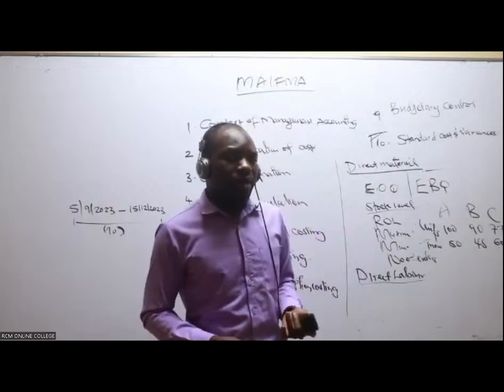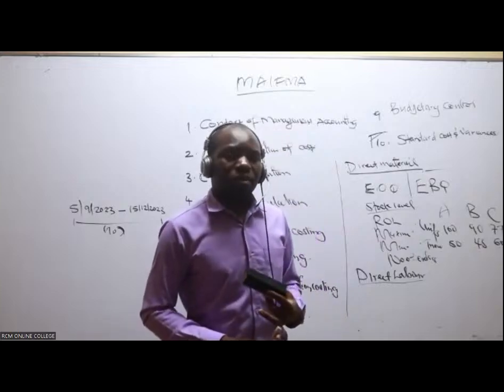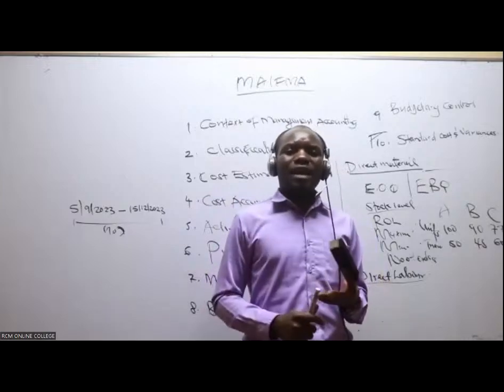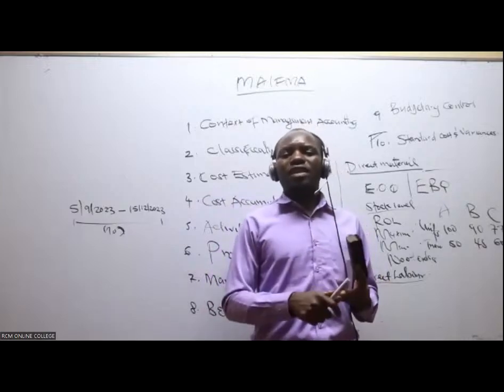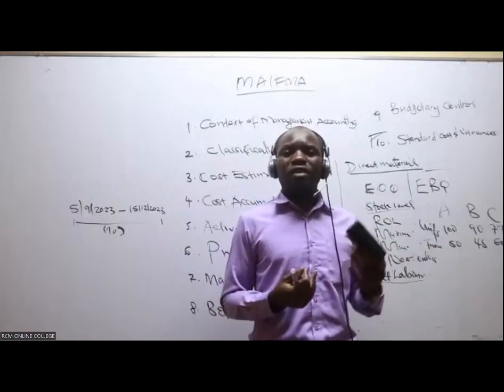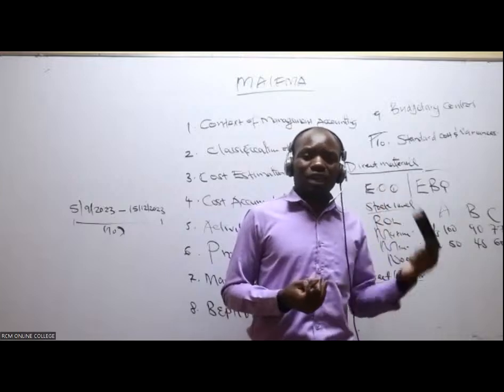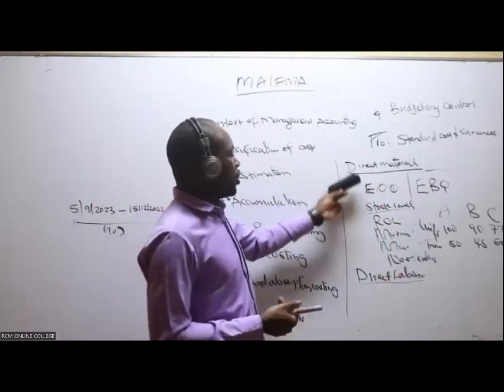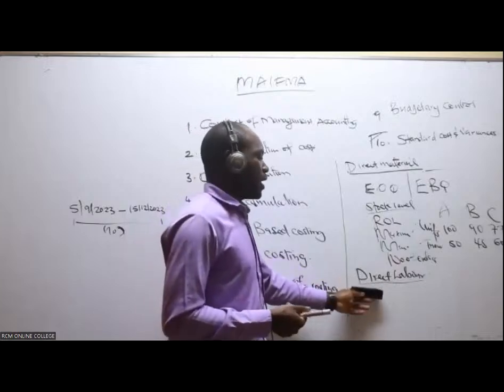And remember, somebody can have the three. Somebody can have basic, be entitled to bonus, and again, have overtime also added to that. You can have the three, depending on the nature of the question that you are going to tackle when we reach there. So that's another concept that we need to understand under direct labor.